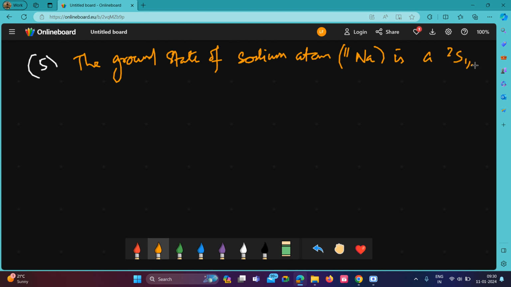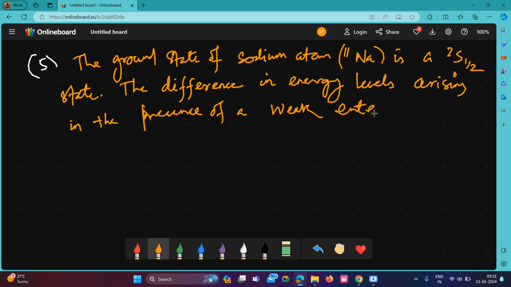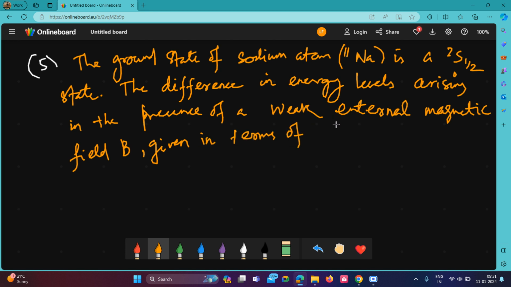The difference in energy levels arising in the presence of a weak external magnetic field B, given in terms of Bohr magneton mu B, is how much?